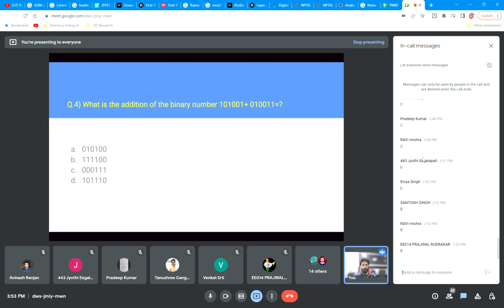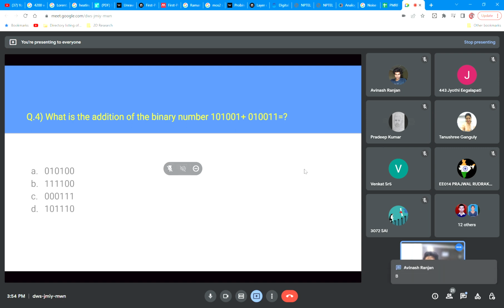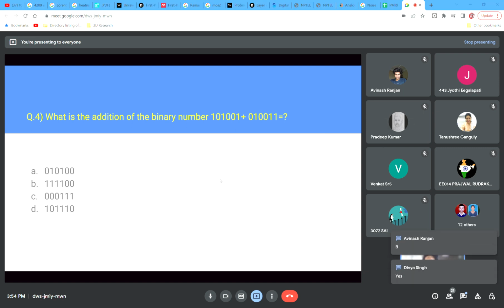Rajbal, yeah, B was the correct answer. Okay, you are answering for this one or what? So yeah, first tell me whether you guys know binary addition or not. I guess you guys know from the responses. So yeah, still I will go through this.